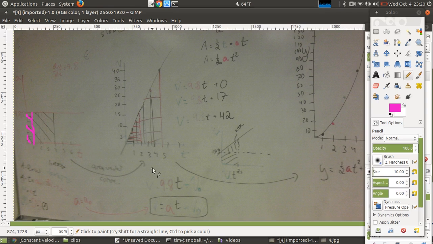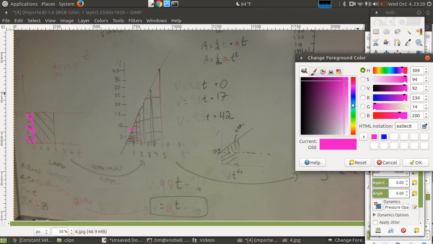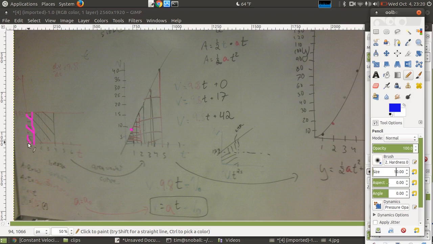Let's say our original velocity was 0. If we were to plot that velocity on a vt axis, we would get 1 second times 9.8, or about 9.8, this purple dot. If we then go get a different area, we'll say the area from 0 to 2 seconds.